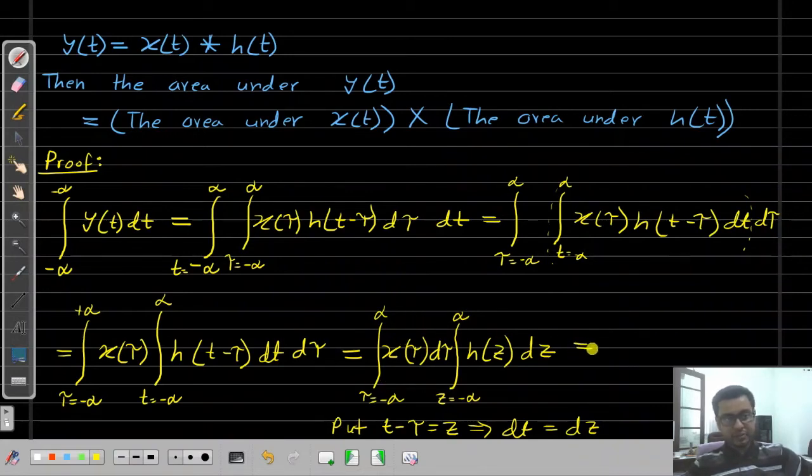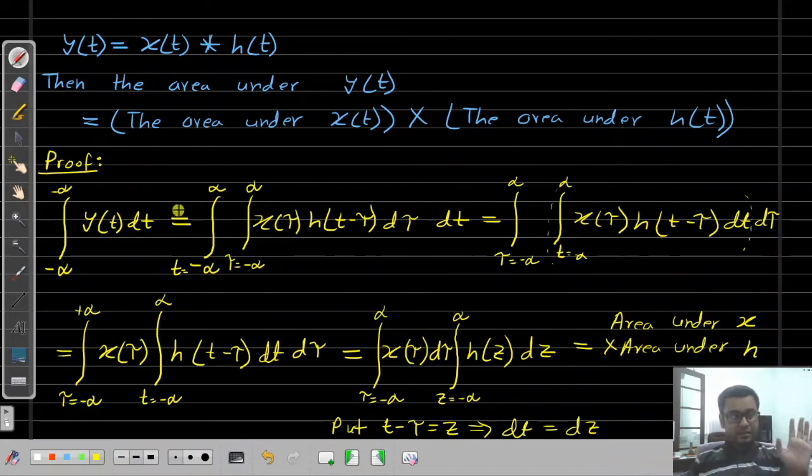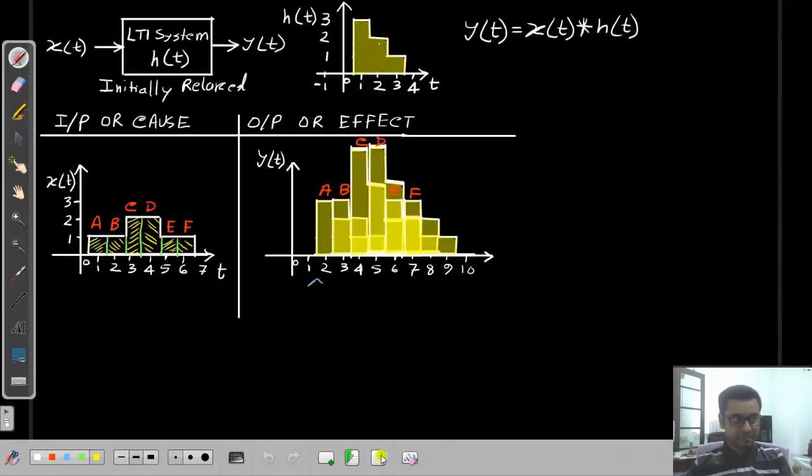So this becomes the area under x multiplied by the area under h. That's the proof. But beside this mathematical proof, there is a more interesting way of visualizing this. A more interesting picture is like this.